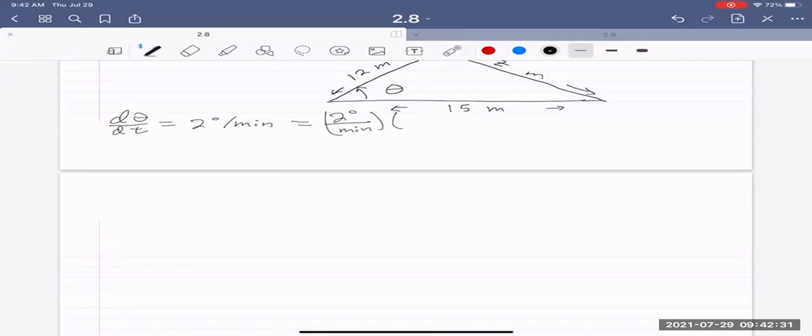There are 180 degrees in pi radians. 180 divided by 2 is 90. So this is pi over 90 radians per minute.